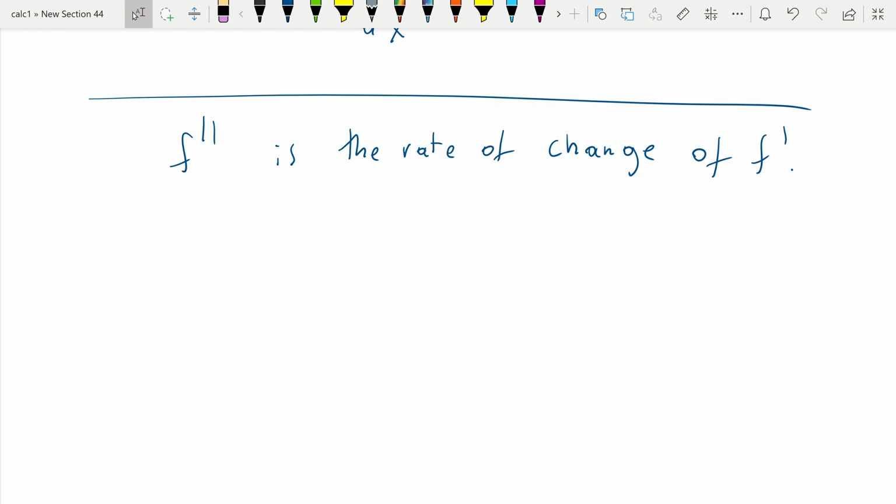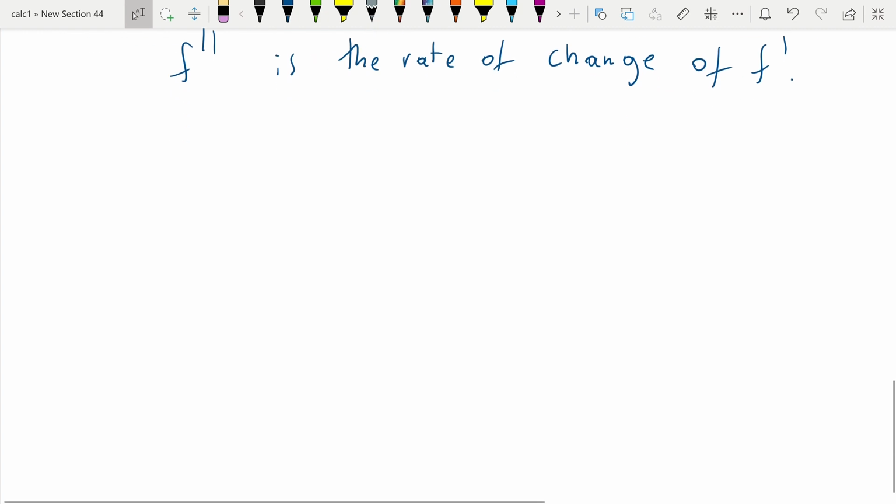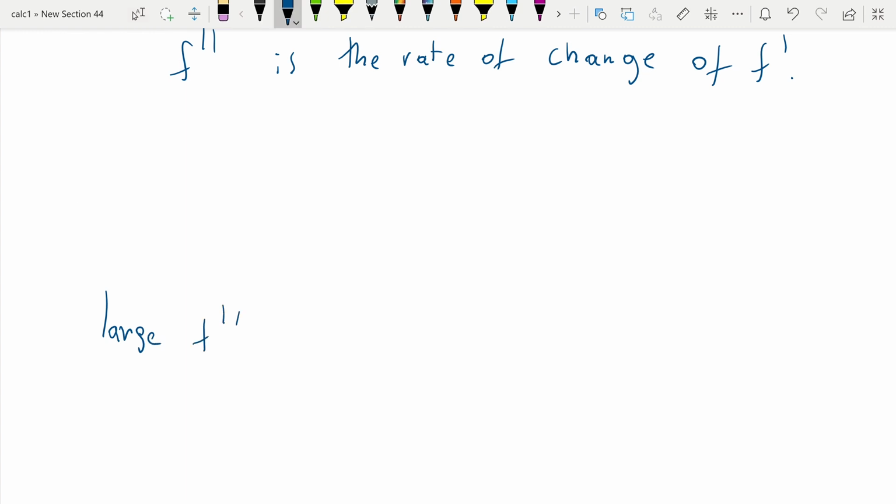This is good information that we'll come back to at some later point in the semester, and it's a good tool that allows us to draw graphs more accurately. Just to give an example, if you have a very large f double prime, you may have something like this.